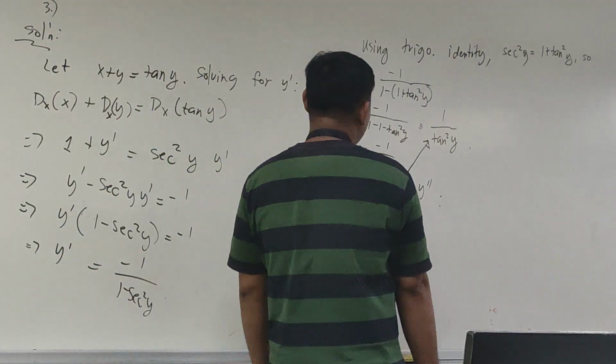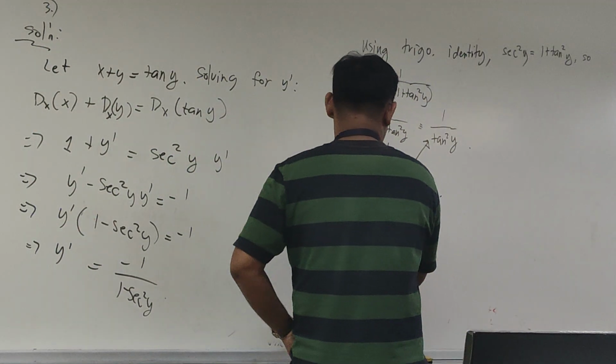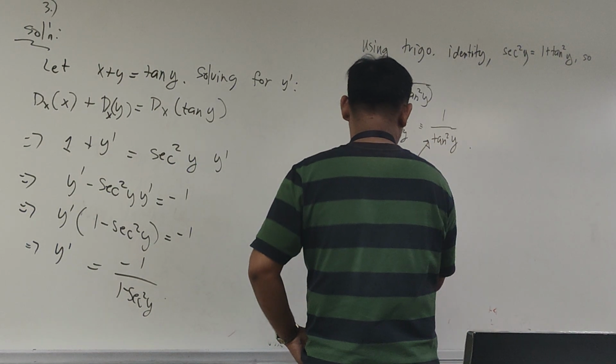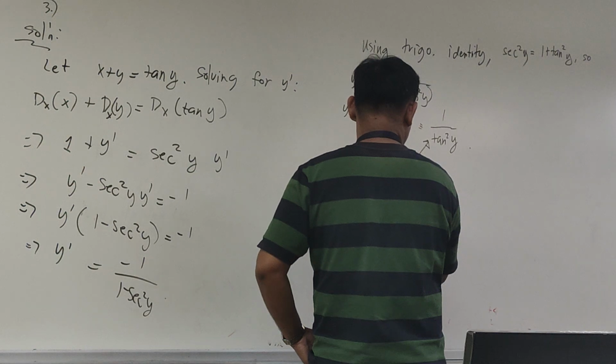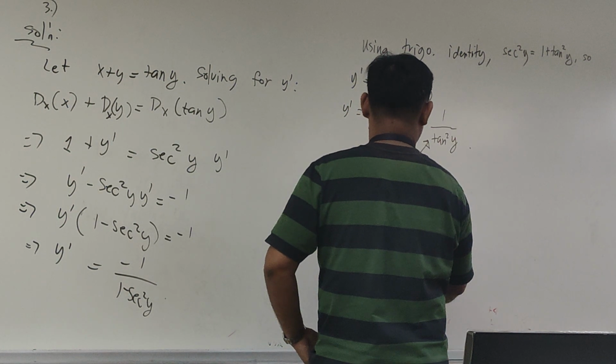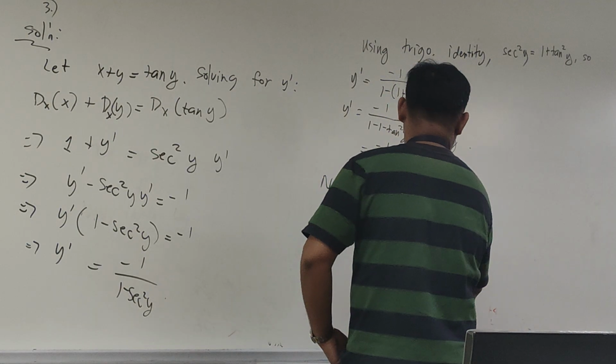So y double prime is the second derivative. So it's negative 2 tangent y to the negative 3 times the derivative of tangent y, which is secant squared y, times y prime.